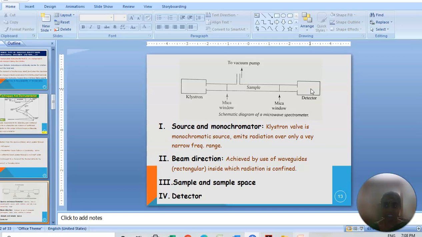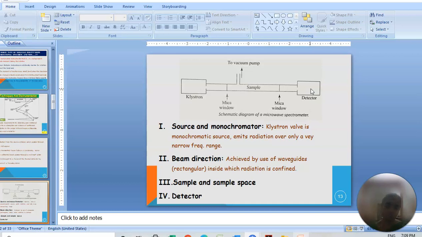It detects the radiation focused on it through a waveguide, and the signal is amplified and displayed on an oscilloscope for a permanent record on paper. The sample space is always gaseous, so it should be evacuated to around 10 power minus 4 to 10 power minus 5 mm of mercury. The vacuum should be maintained. This is the main instrumentation.